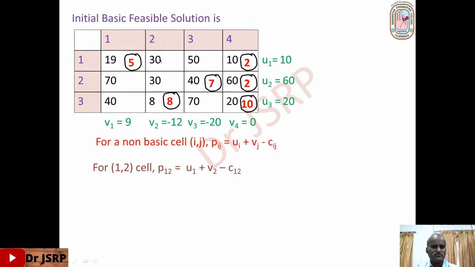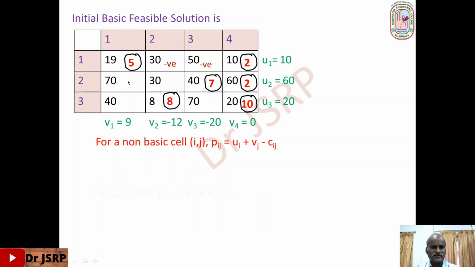That is 10 minus 12 minus 30. So observe it is negative. Okay, next. For the 1,3 cell, U value 10, V value minus 20, minus cost 50. So clearly it is negative. So U1 plus V3 minus C13 is negative.